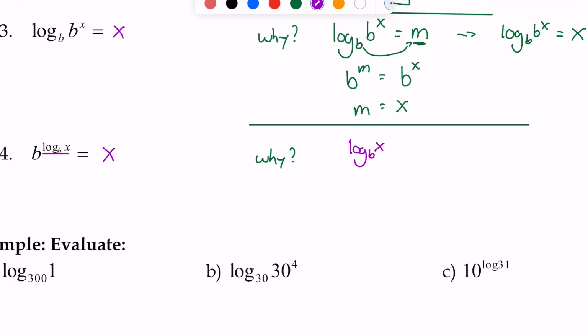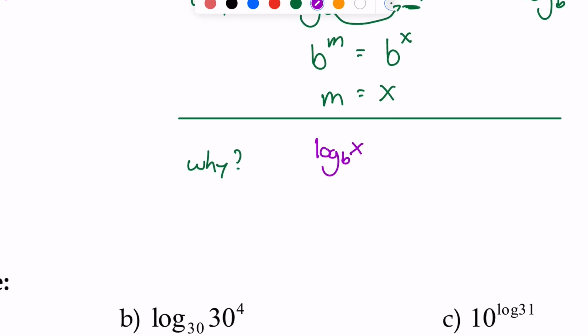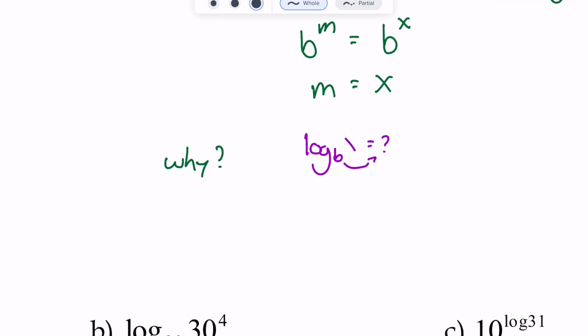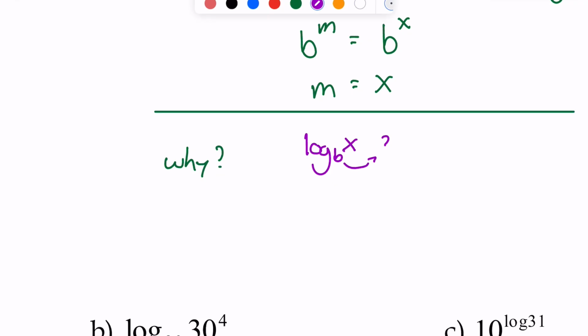A logarithm is telling us b to the power of what is going to give you this x. So it's equal to some unknown y, so if I rewrite this as an exponent, b to the y is the same thing as x.